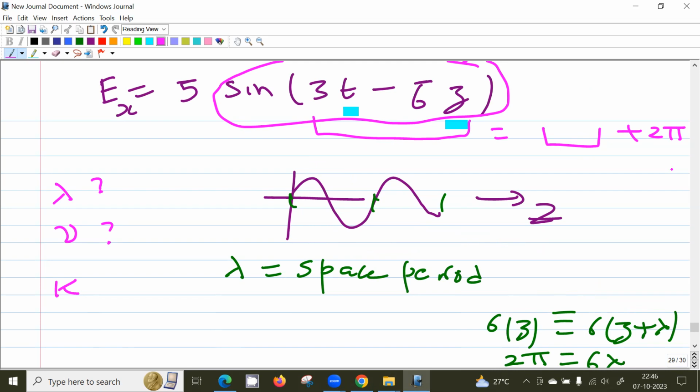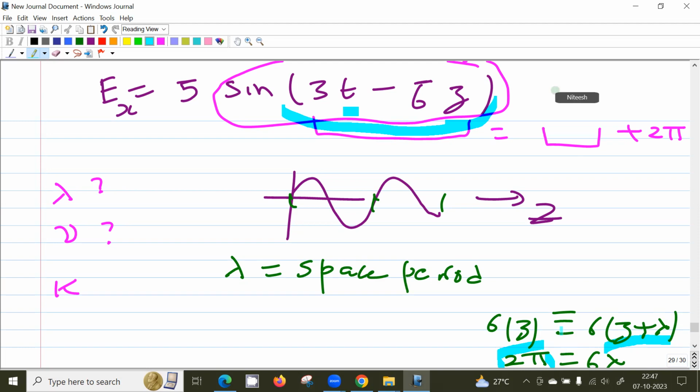So in this case, when changing Z by Z plus lambda, the value of Ex should not change. That is the meaning of wavelength, periodicity. So the extra 6 lambda should be equal to 2 pi; only then the value does not change.